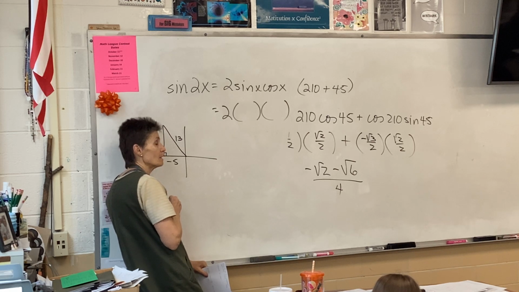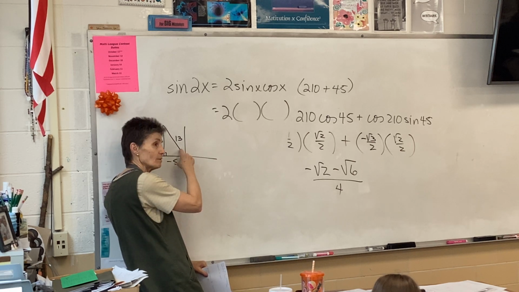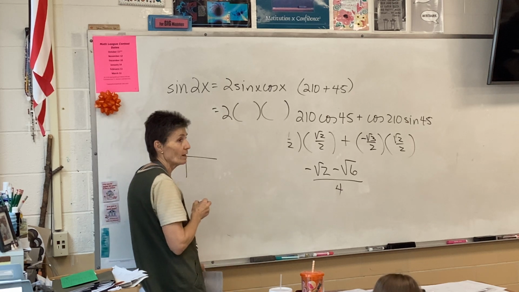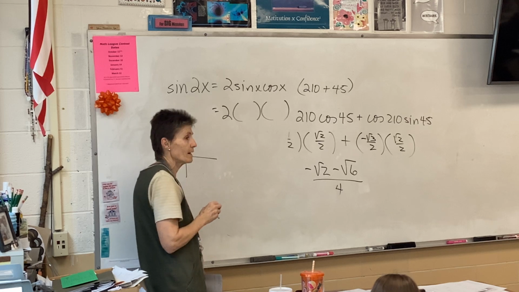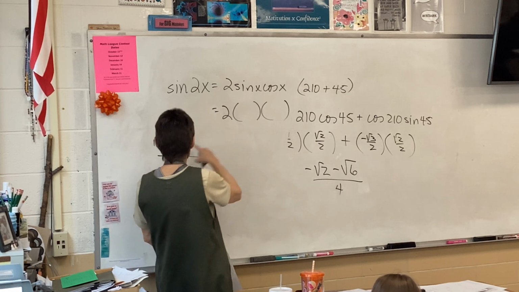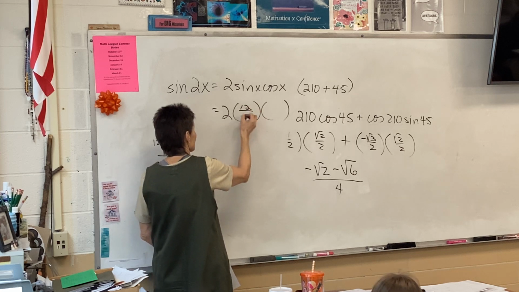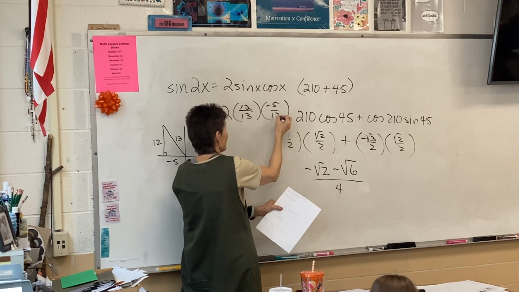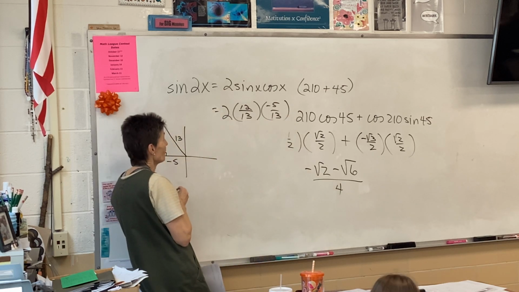So that one's 12. So I do my Pythagorean theorem, and that's going to be positive 12. 169 minus 25. So then, the sine is 12/13. The cosine, I actually knew that before, but I needed to draw a picture anyway.